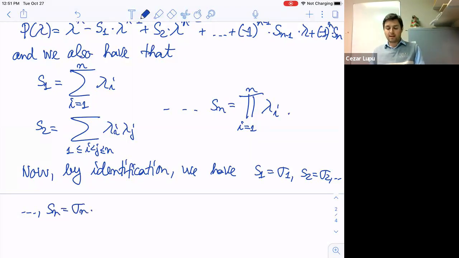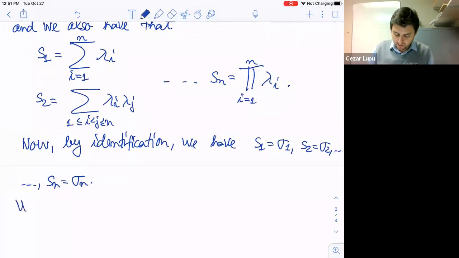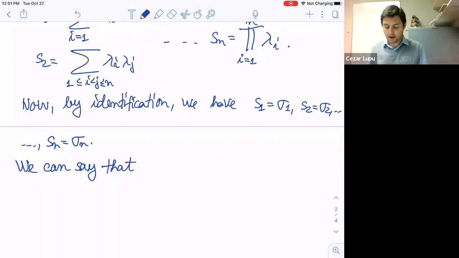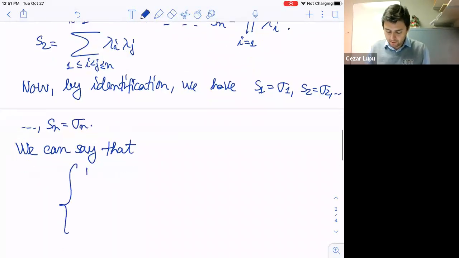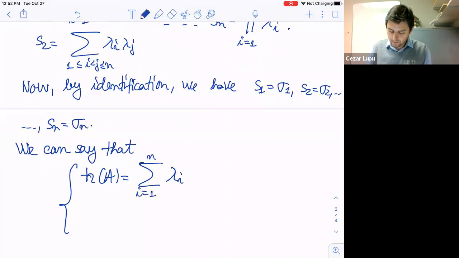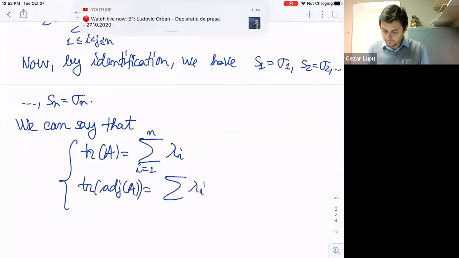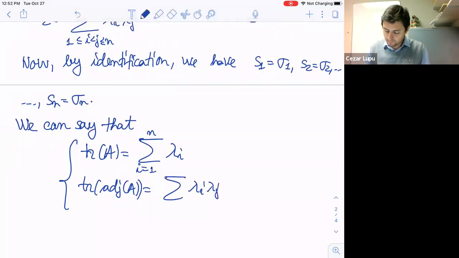And now we can say that the trace of A is the sum of the eigenvalues. The trace of the adjugate, this will appear again, is this sum of lambda_i lambda_j.